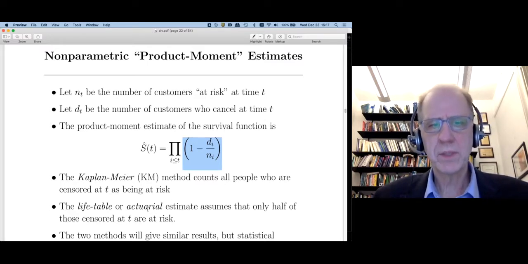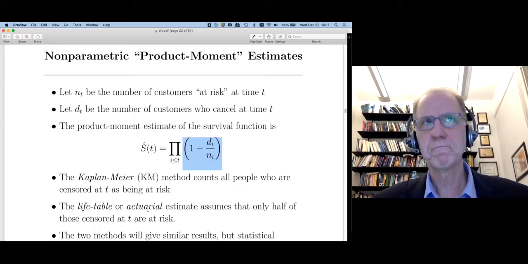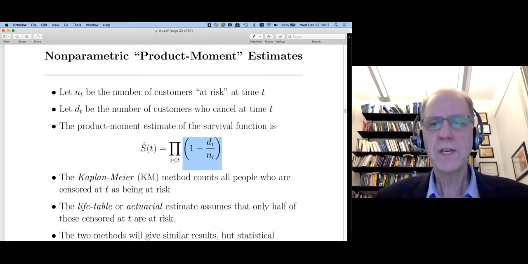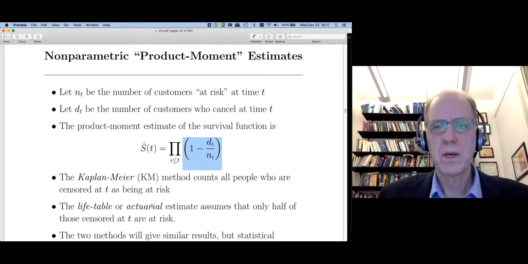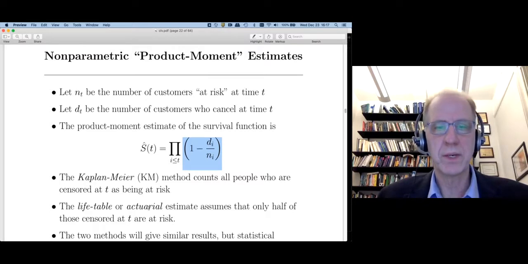Life table estimates are used when you really have a continuous version of t, which we don't really have with our Netflix example, because customers are paying at discrete time points. And the life table assumes that only half of those censored at time t really are at risk. All right, so that's an approach that we're not really going to use for lifetime value estimators.